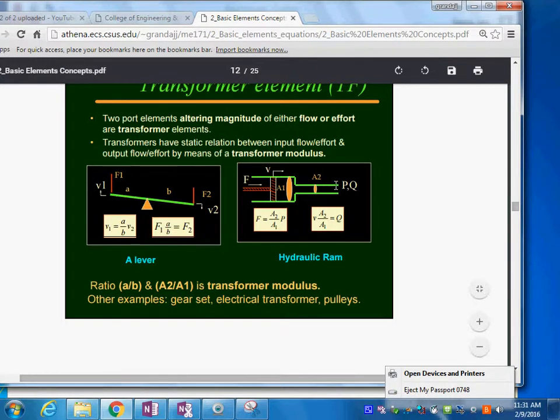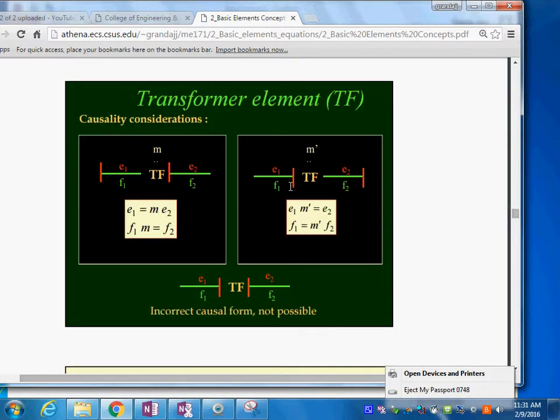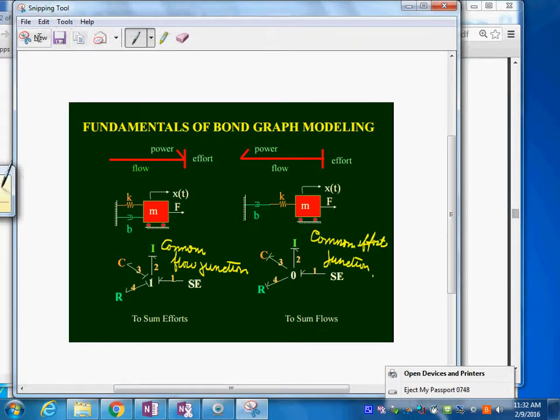This says that the effort E1 is m times E2. But for the flow, F1 times m equals F2.